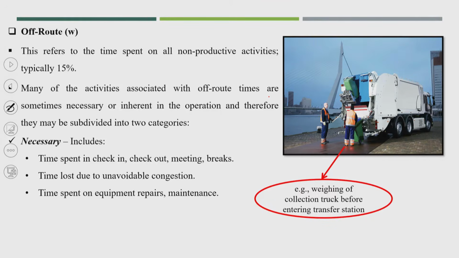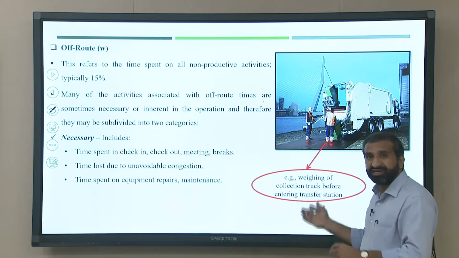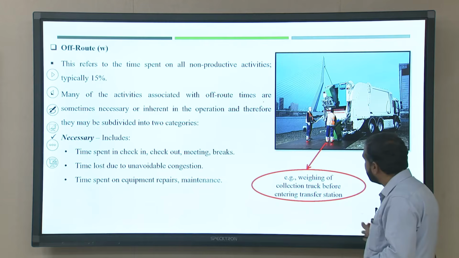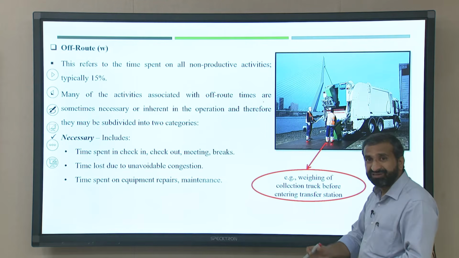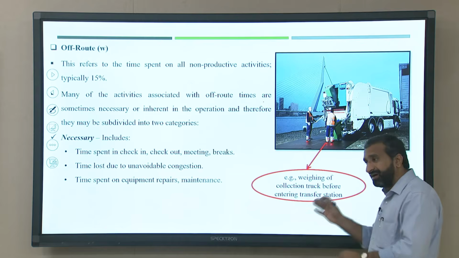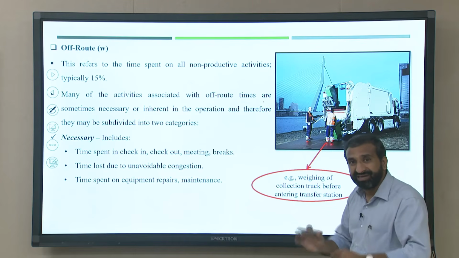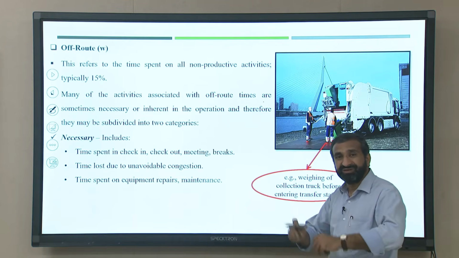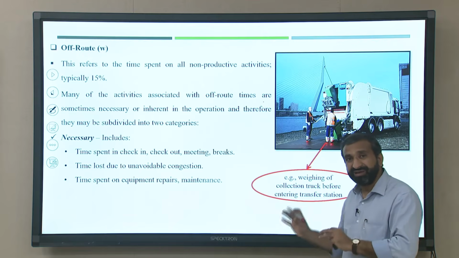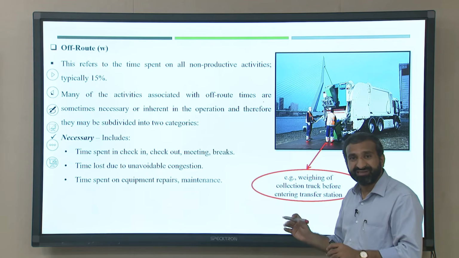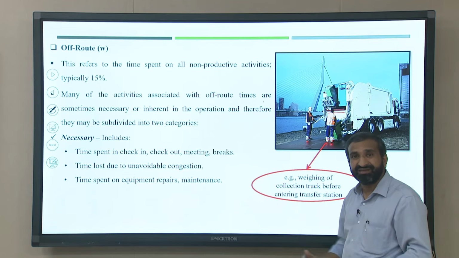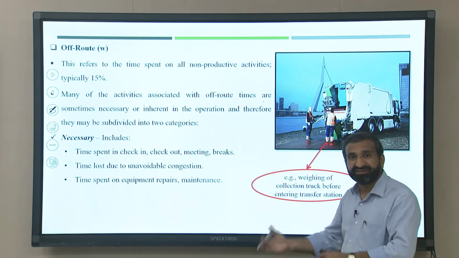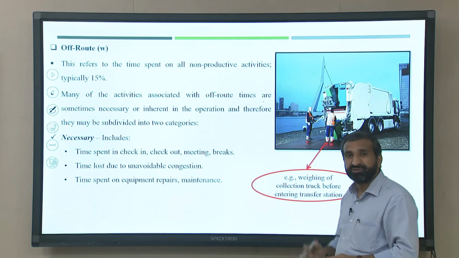Also, whenever the vehicle enters the recycling facility, it is weighed, so we know how much waste is going inside the disposal site or recycling facility. It is also possible that when it comes out, the weight is measured again, and many times the vehicle also gets cleaned. If the vehicle is collecting biological waste, obviously it has to be cleaned every trip, or wherever it is emptied.